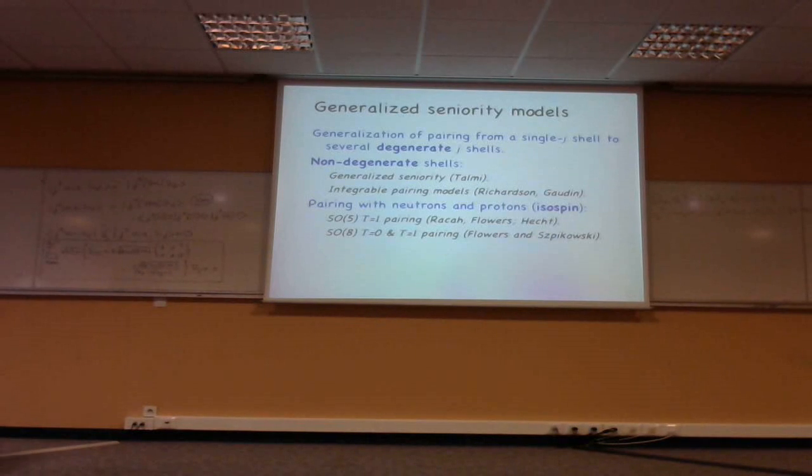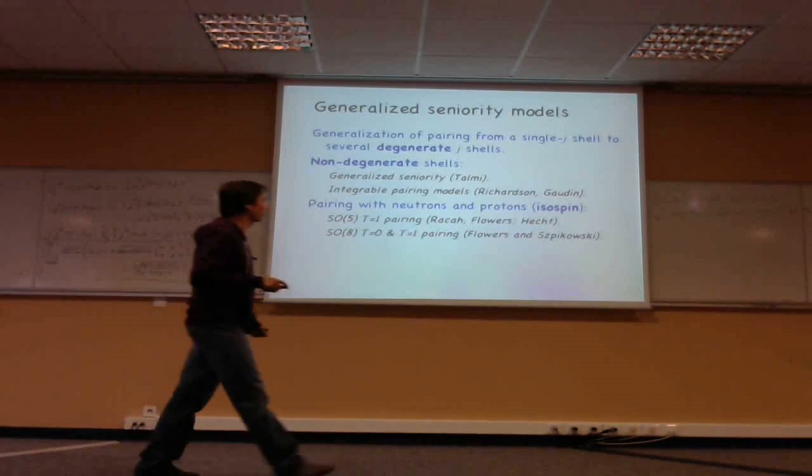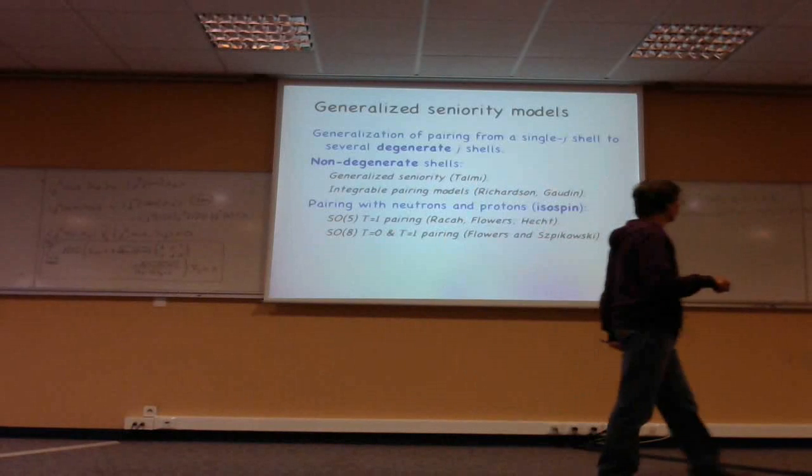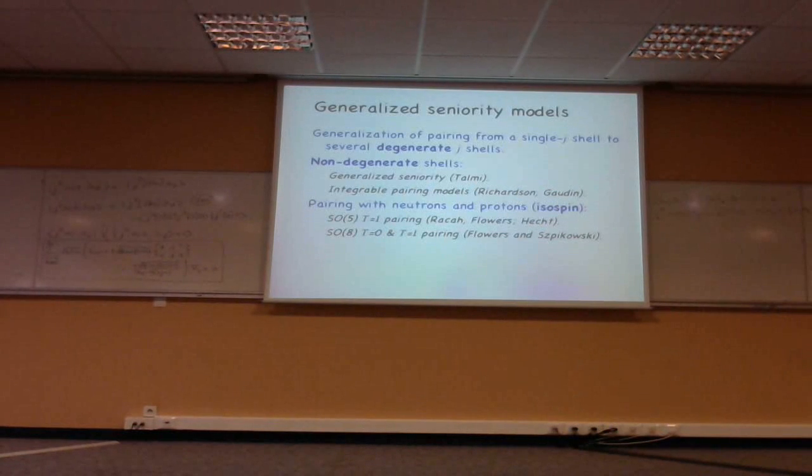Let me now say a few words about generalized seniority models. Basically they are of two types. There are several generalizations possible, but two important ones. One is if you consider non-degenerate shells.